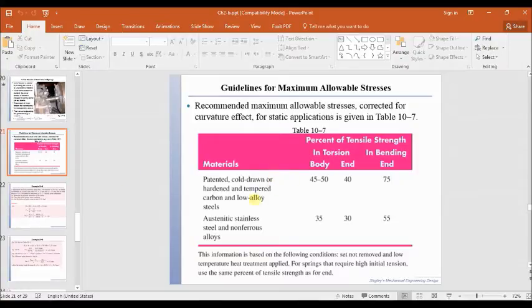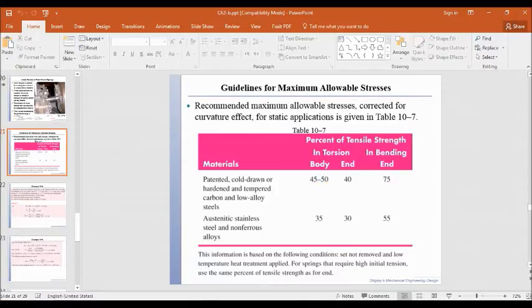For this group of materials, the torsional and bending yield strengths are a percentage of the ultimate strength. For example, in the case of the body of the spring which is under torsion, the torsional yield strength is 45 to 50% of ultimate strength.